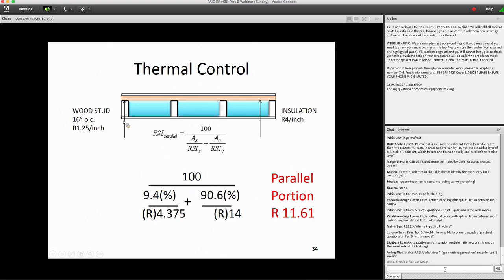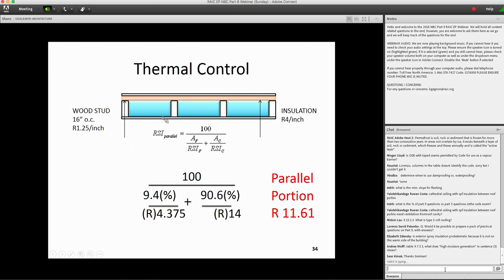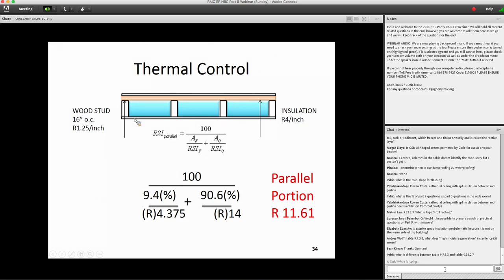This part of the assembly is 9.4, and from here to here you have 90.6. As the assembly is repetitive, throughout the whole assembly you have 9.4% R value of the wood and 90.6% R value of the insulation. That's a calculation I did.